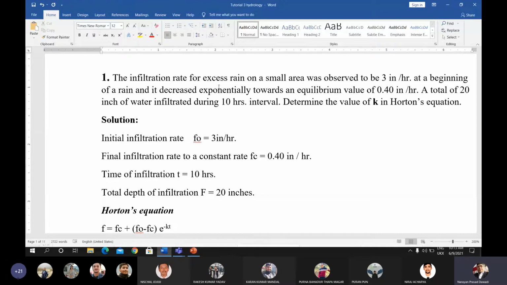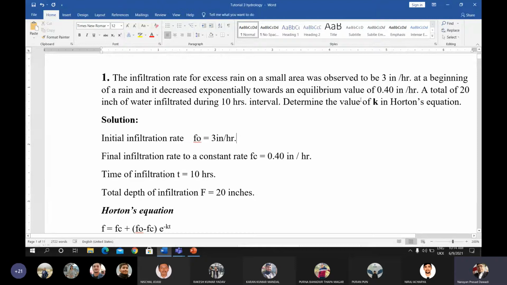Now, the initial infiltration rate is given by f naught, which is observed as 3 inch per hour at the beginning of the rain. Now, the final infiltration is towards an equilibrium value.